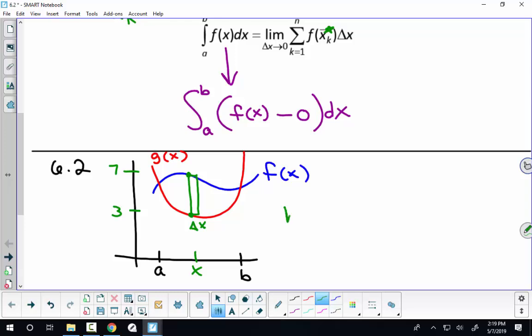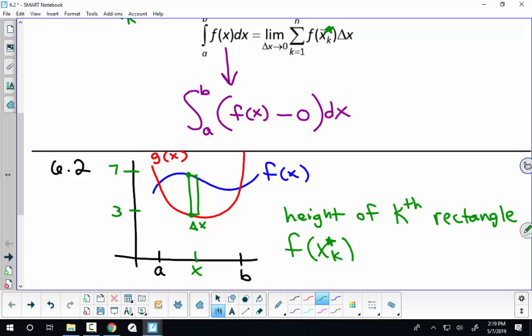So the height of each rectangle, we'll keep it consistent with our previous notation. The height of the kth rectangle is f of x star sub k minus g of x star sub k.